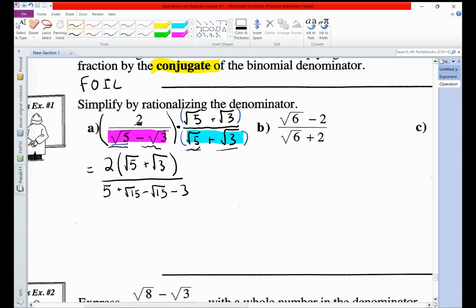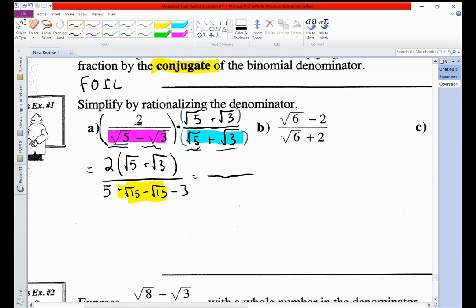What happens when we rationalize the denominator by multiplying by the conjugate is that the first term in the bottom is a whole number, and the middle 2 are still in radical form, but they end up canceling. Positive root 15, subtract root 15, cancels out, and the last term is a whole number, so we can just leave it.